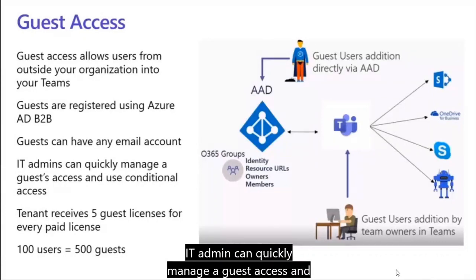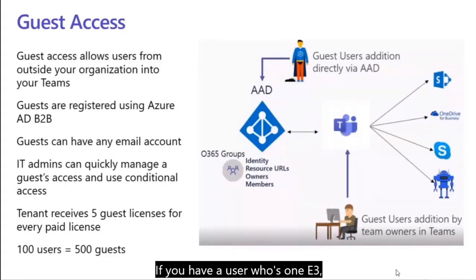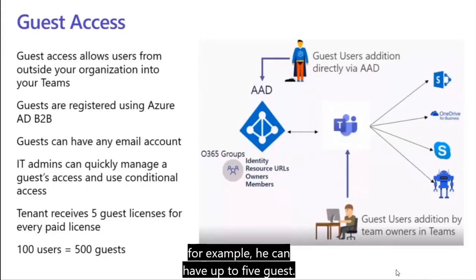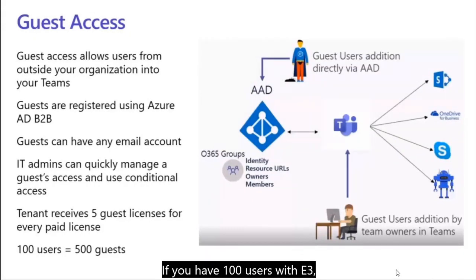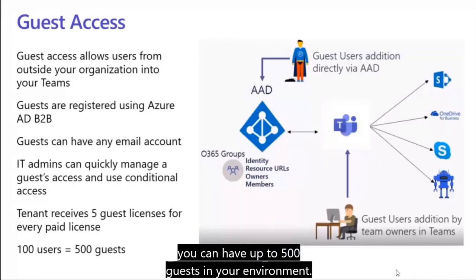IT admins can quickly manage guest access and use conditional access for multi-factor authentication. A tenant receives 5 guest licenses for every paid license. So if you have a user with one E3, for example, that user can have up to 5 guests. If you have 100 users with E3, you can have up to 500 guests in your environment.